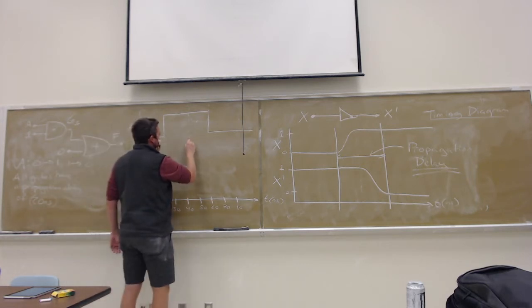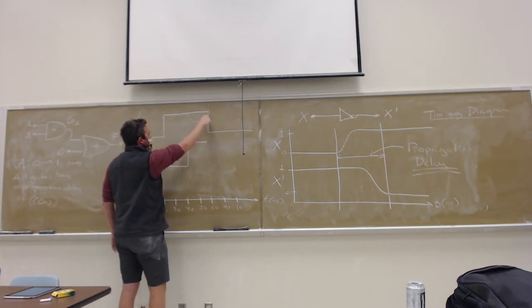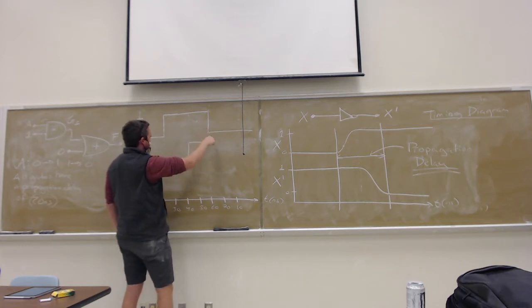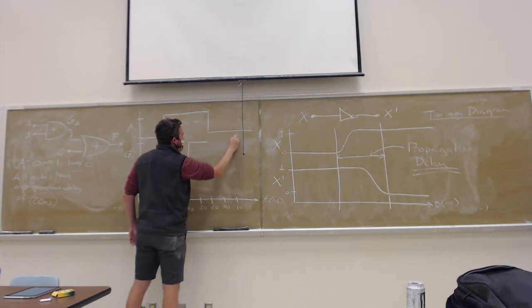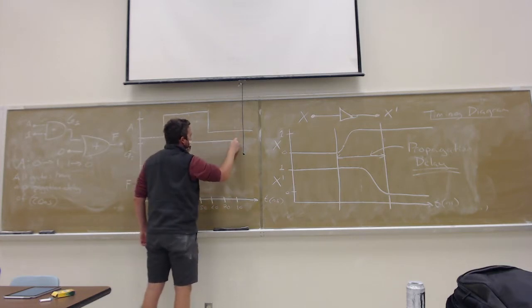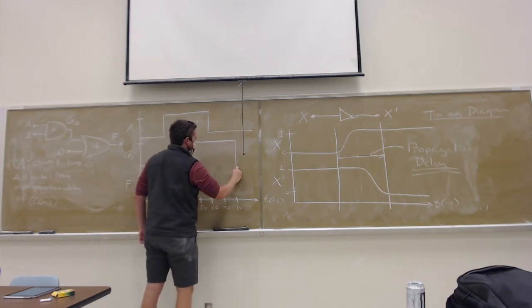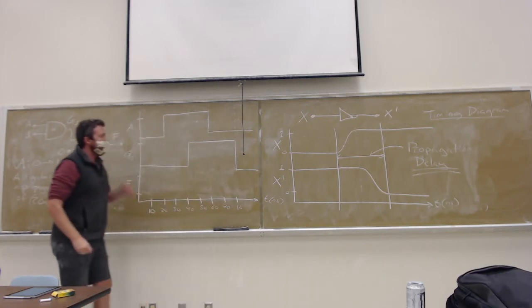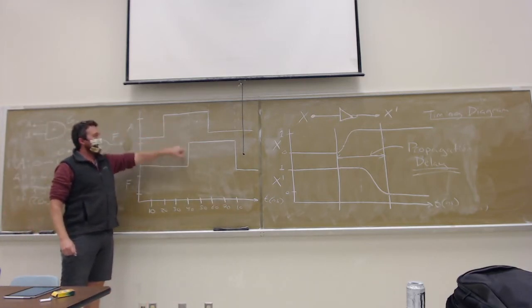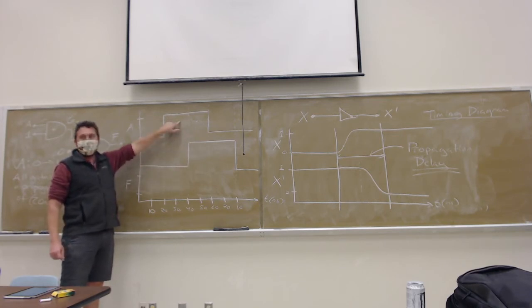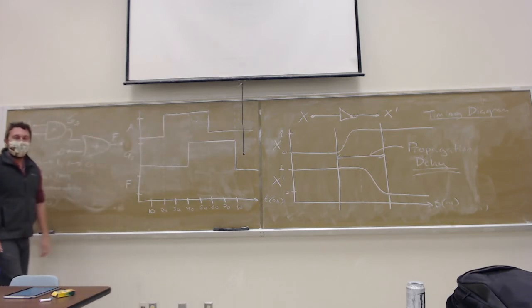And then it's going to keep going until this transition comes down, and it's going to be 20 nanoseconds after that. So it's not going to be until this 80 nanosecond mark. And it goes back to 0. So notice how the output pulse sort of lags behind the corresponding input pulse. That's the important bit.